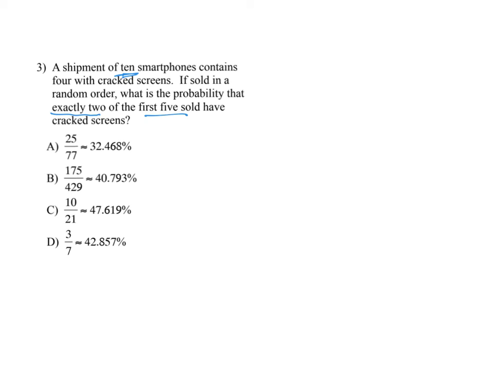Okay, so first of all, let's compute our total number of outcomes. We have 10 smartphones, but we're only selling 5. So that's a 10C5. Now, I want to make sure 2 of these 5 are cracked. And since there are 4 to choose from, that's a 4C2 for the cracked. And we have 3 more that aren't cracked that we have to pick.